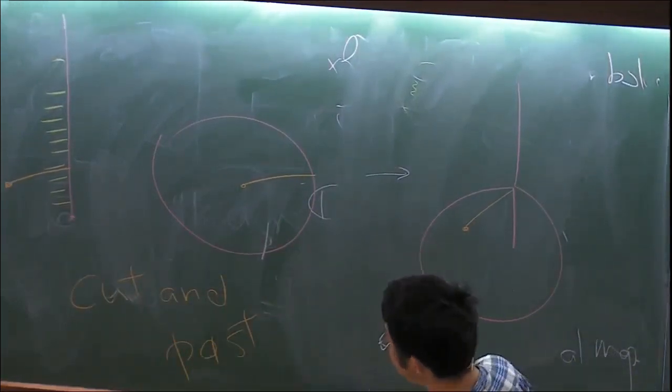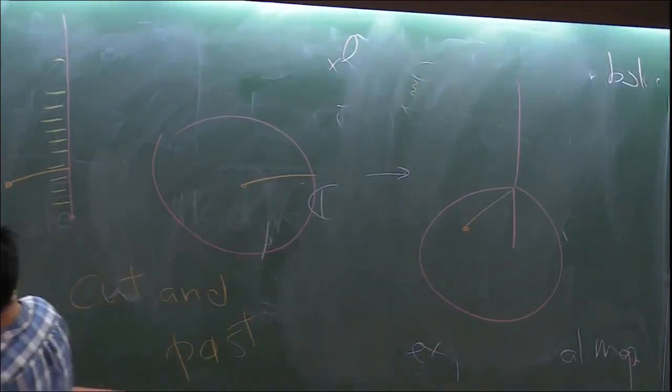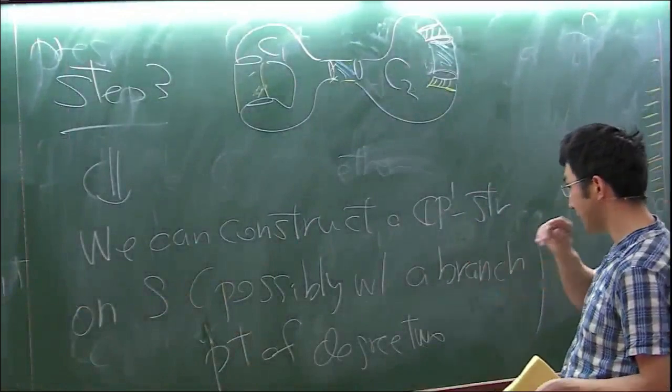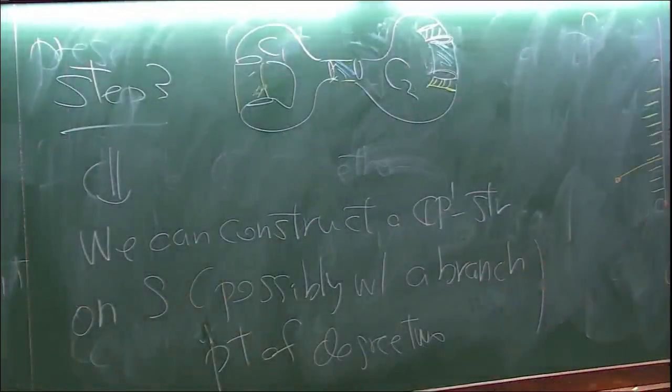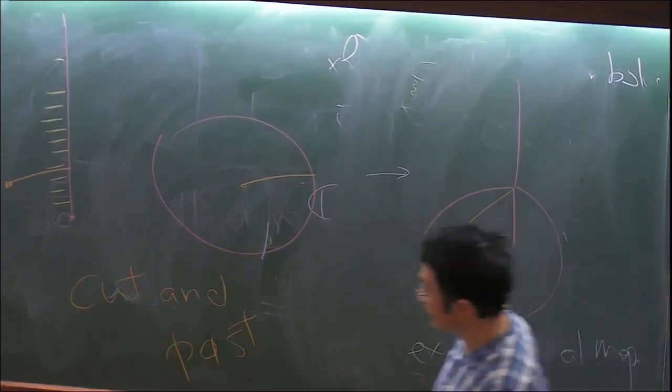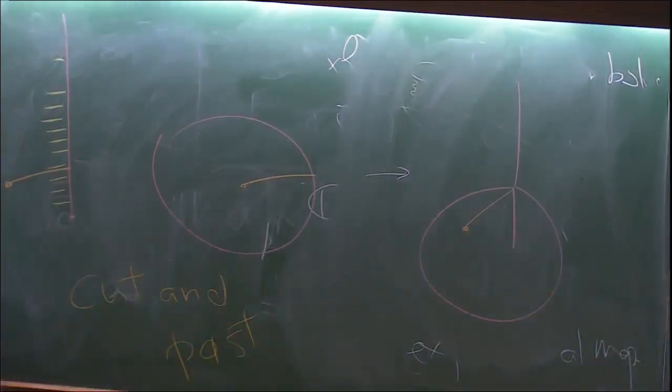And in this way, we can construct a CP1 structure on S, possibly with a single branch point of degree 2, which corresponds to here. Now, because we started with the representation with the lifting property, it must be a CP1 structure without the branch point.